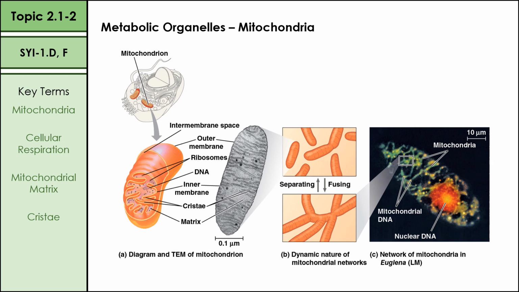Also notable is that our mitochondria have both their own DNA, which is contained as plasmids or circular rings, very similar to what we would find in prokaryotic cells, and their own ribosomes, which are also very similar in size and structure to our prokaryotic ribosomes.